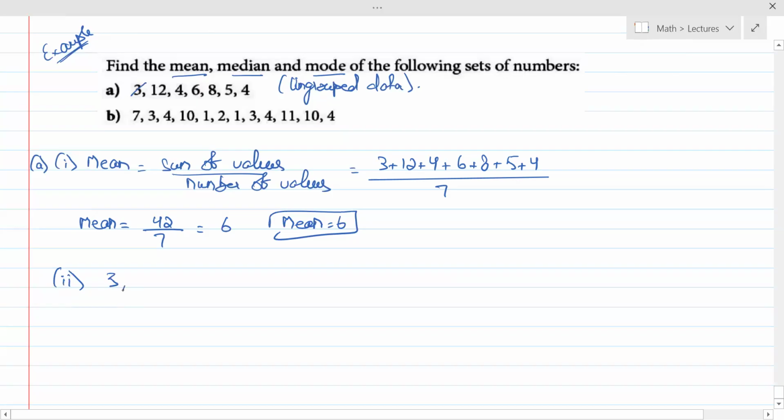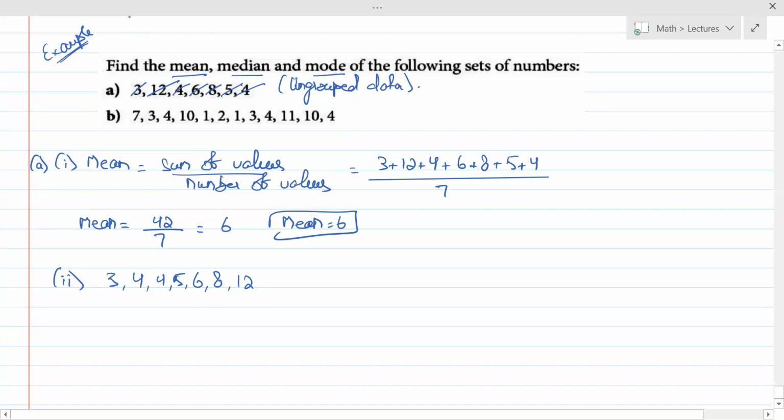Next lowest number is 4. We can see 2 4s, so 3, 4, 4. After 4, we have a 5, followed by 6 and 8. And in the end, 12. So we have arranged all these 7 numbers in an ascending order.